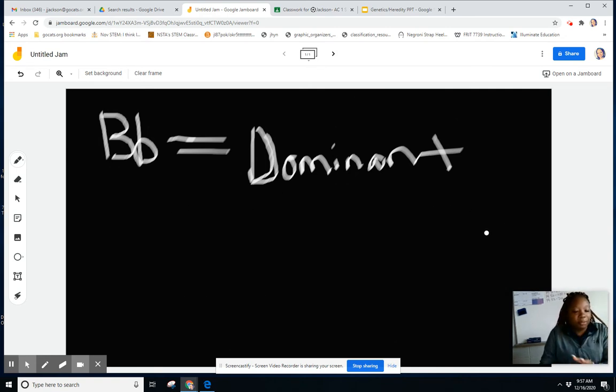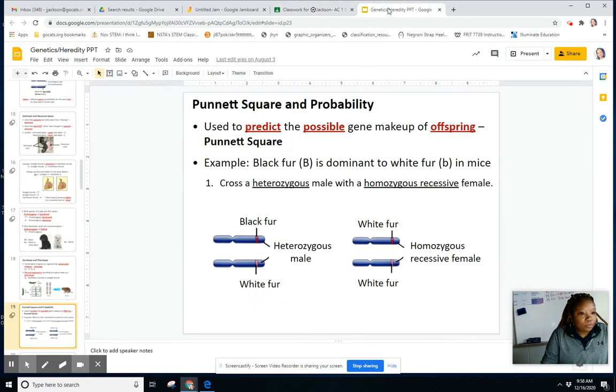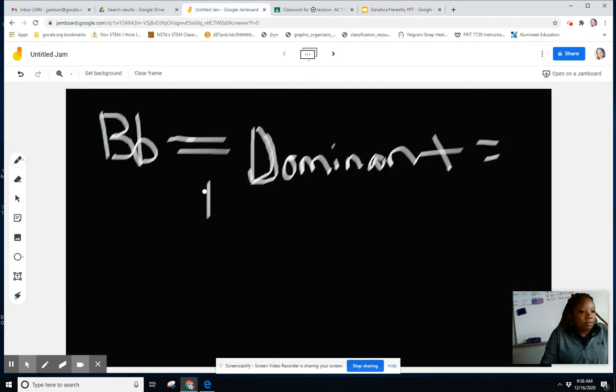So even though it got a little b in it, we always read it as dominant. And if it's dominant, we know that it is going to be black fur because it says right here, black fur is dominant to white fur in mice. So we know that this is going to be black fur.